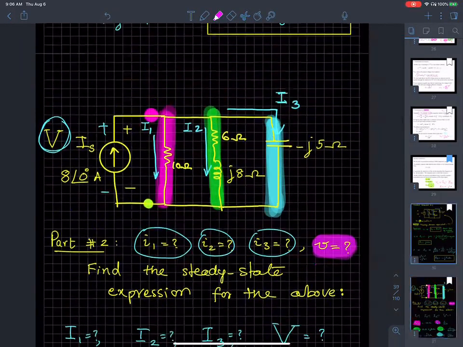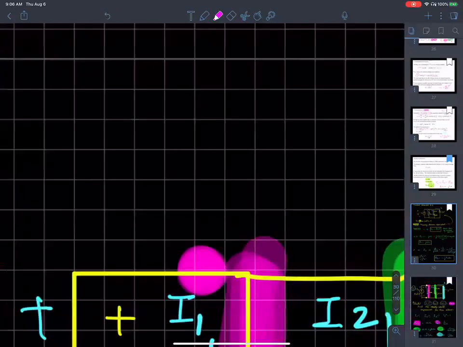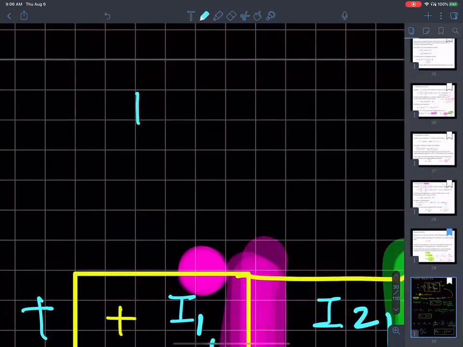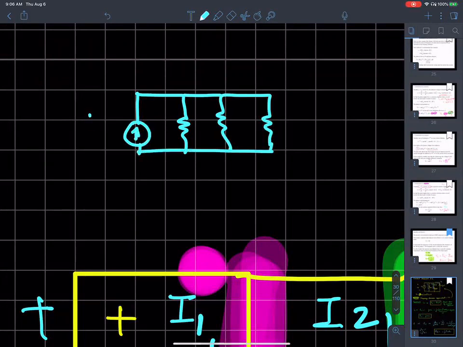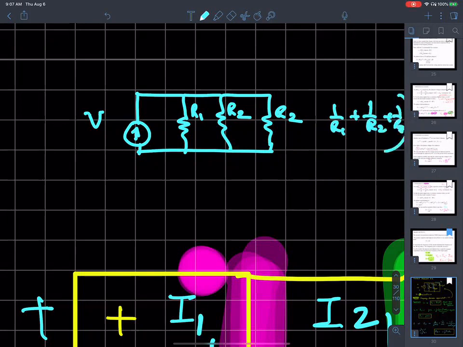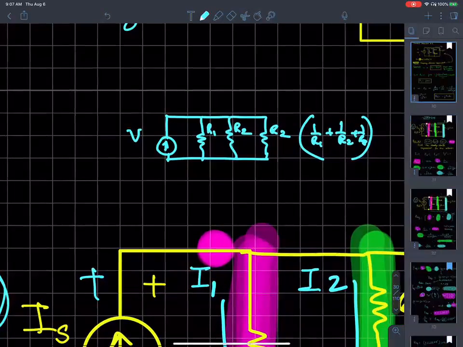So let me give you a circuit here. If I'm given 3 resistors in parallel, how would you go about finding the voltage? You'd simply find the equivalent resistance, 1 over R1 plus 1 over R2 plus 1 over R3. That's the overall equivalent resistance.